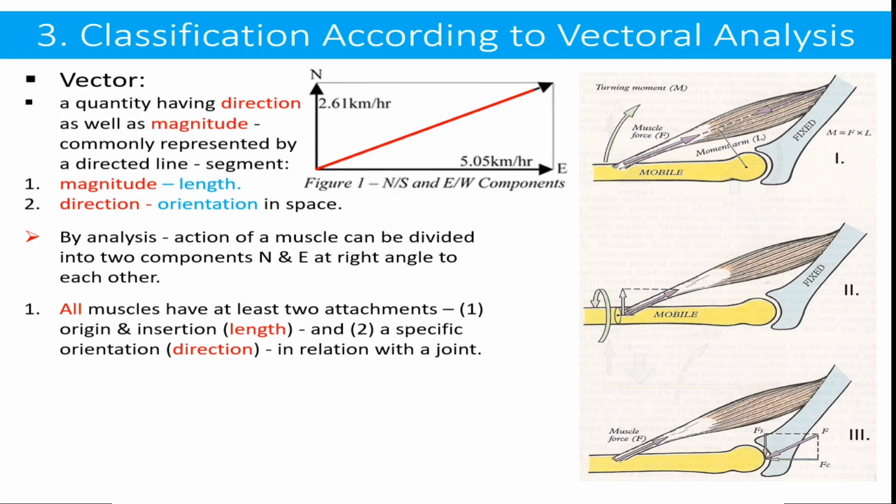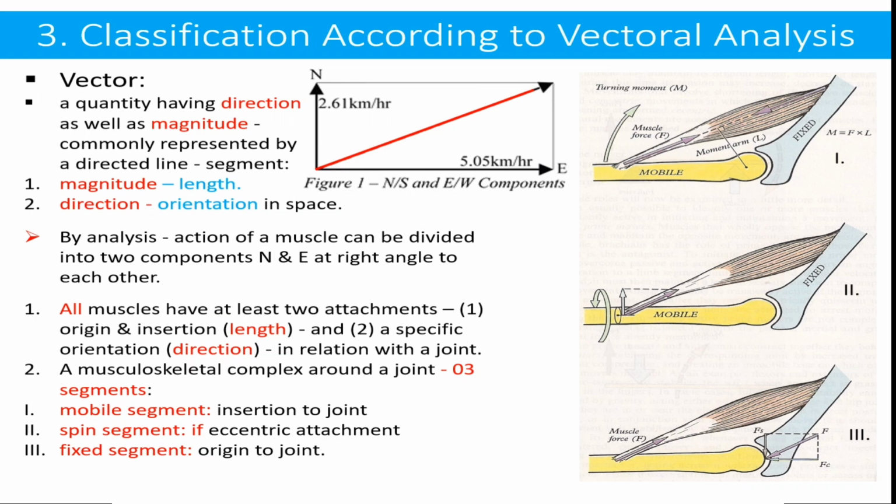Now, a notable thing is that all the muscles have at least two attachments, origin and insertion, which indicate the length of the muscle, and a specific orientation, which indicates the direction in relation to a joint. Hence, a musculoskeletal complex around a joint can be divided into three components or segments.